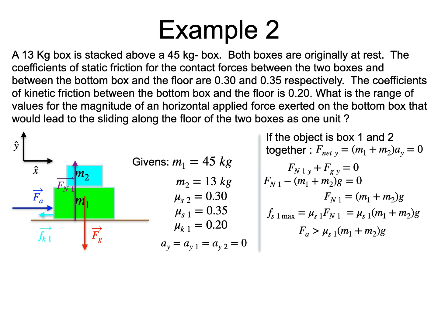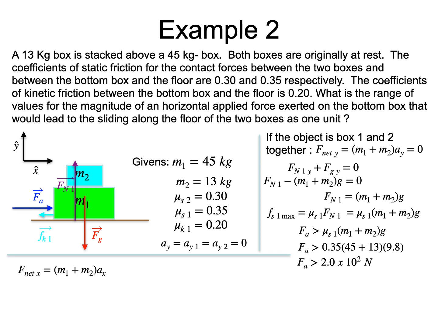Substituting the numerical values for the givens gives this, and the use of a calculator gives that. We now have our lower limit for the applied force. Now, working with the two boxes sliding, let us apply Newton's second law to the x components. The net force includes the applied force and the kinetic friction force, and their x component can be written using their magnitude.